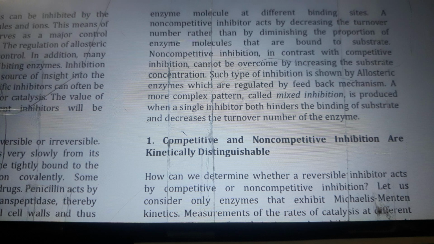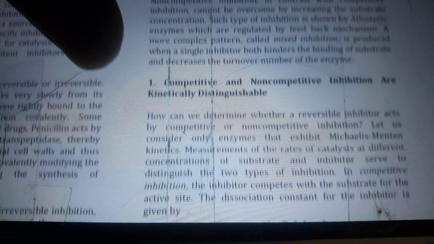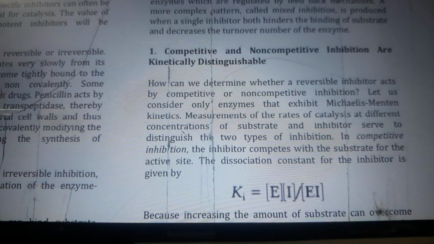Non-competitive inhibition, in contrast with competitive inhibition, cannot be overcome by increasing the substrate concentration. Such inhibition is shown by allosteric enzymes, which are regulated by a feedback mechanism. A more complex pattern called mixed inhibition is produced when a single inhibitor both hinders the binding of substrate and decreases the turnover number of the enzyme.